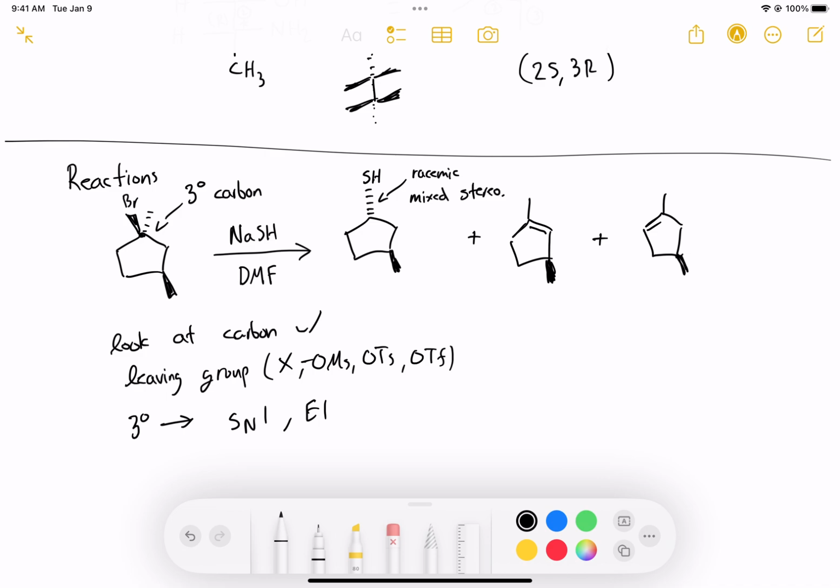This one. See, now the double bonds are not symmetrical because one of them is separated by a CH2, whereas this alkene on the left is not. Okay, so you get that product, and then you can get the exocyclic alkene, which is also a possibility here. So we also get the alkene that's coming out of the ring.